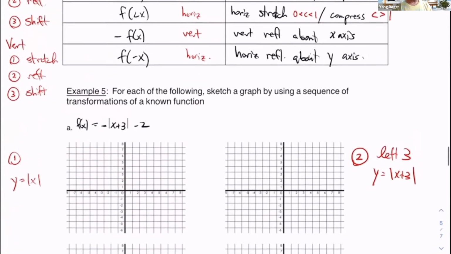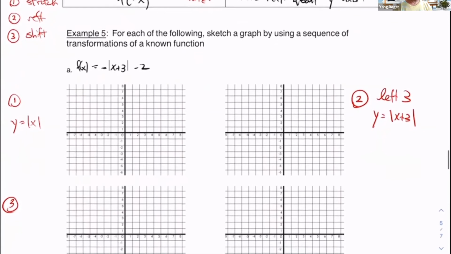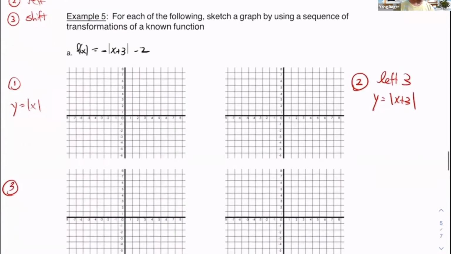Now we've taken care of all the horizontal stuff. So now when we look at the vertical stuff, we do the vertical reflection. Then you're going to get y equals negative absolute value of x plus 3.